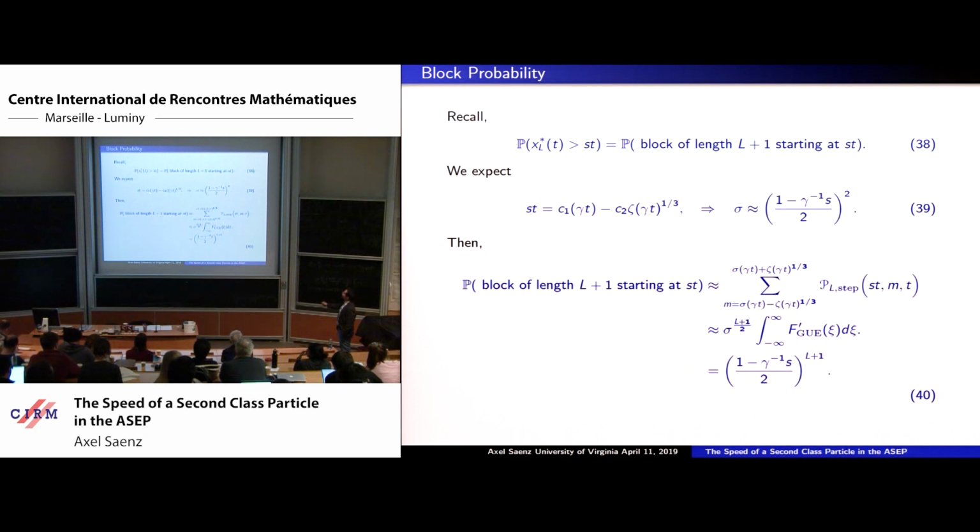And by solving for sigma, we can see that sigma is going to be 1 minus gamma inverse s over 2 squared. And since we just want the particle to start at s, we sum over all the possible blocks starting from there, and it turns into an integral, and we integrate the probability density function, which gives us 1, and then we recover the minimum of L plus 1 uniform distributions.